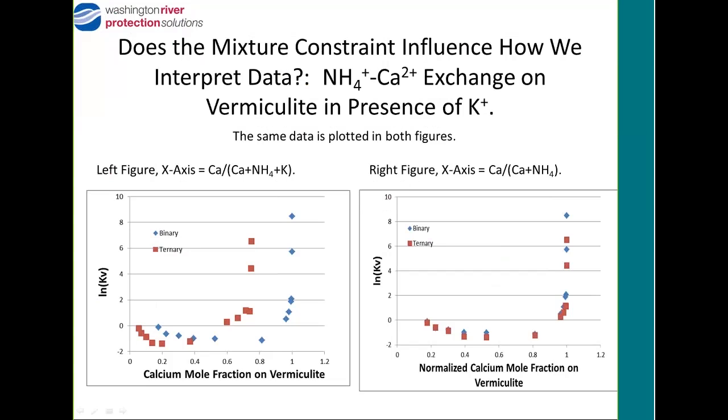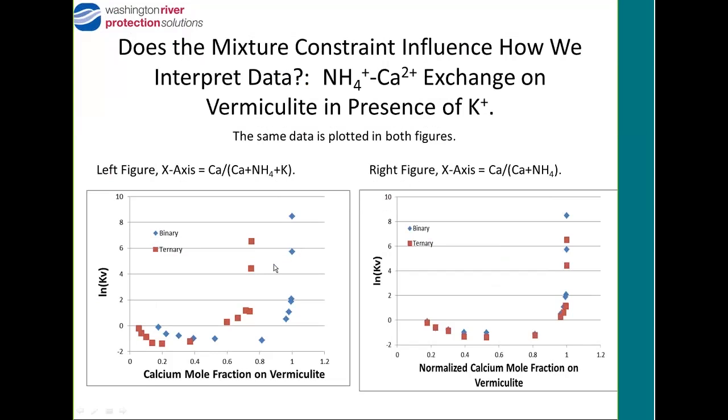This y-axis is just a measure of how much the solid likes ammonium relative to potassium. On this left side, I have defined the calcium mole fraction on vermiculite as calcium over the sum of all three ions. And you can see when you do that, there's a big distinction between the binary and the ternary system.